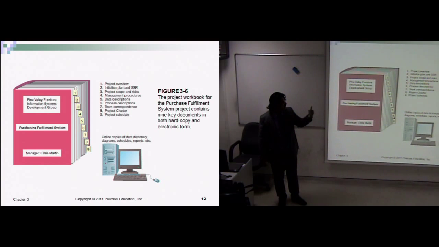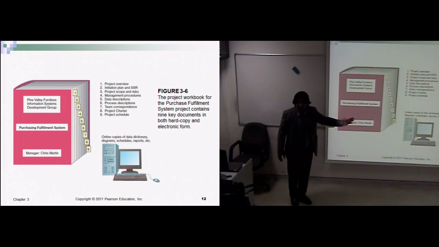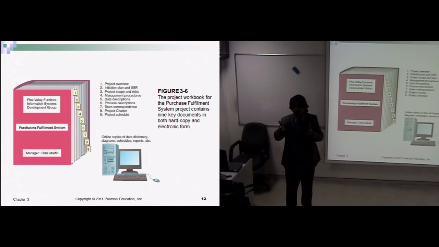One more thing I will add here: in this workbook you can see numbers 1, 2, 3, 4, 5, 6, 7, 8, 9 and so on. It's not a small book like the normal books you use. It is supposed to be a big book that has different tags and sections.